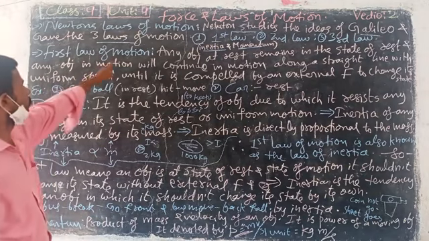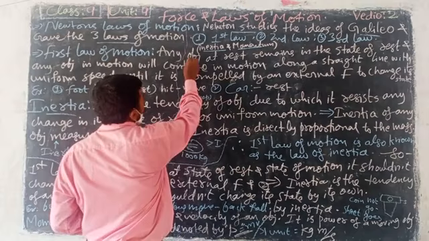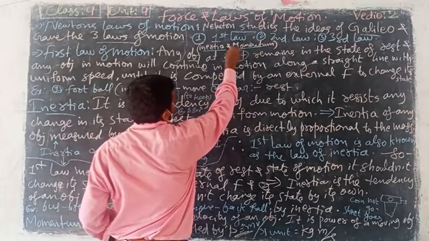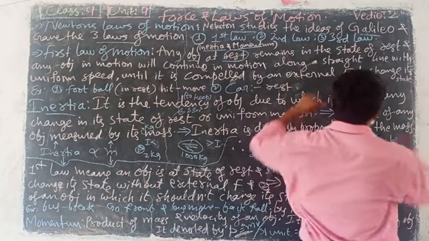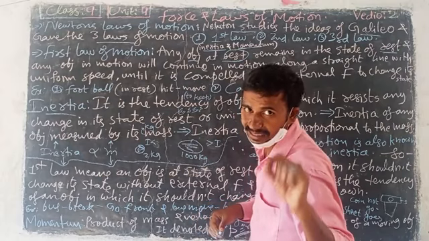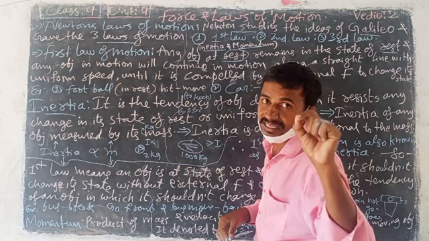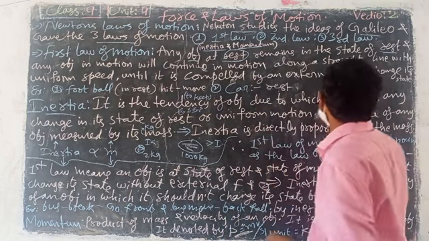First law of motion. Any object at rest remains in the state of rest till no one disturbs it.